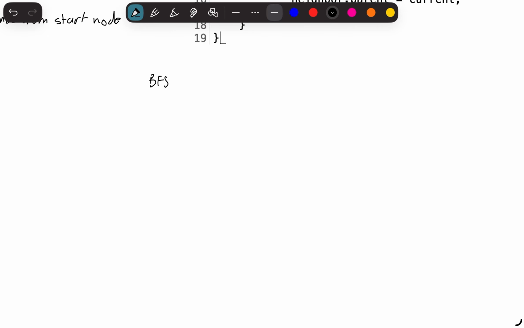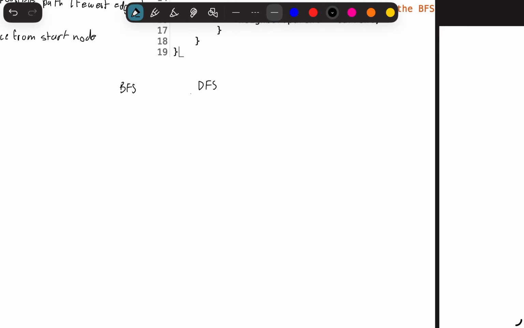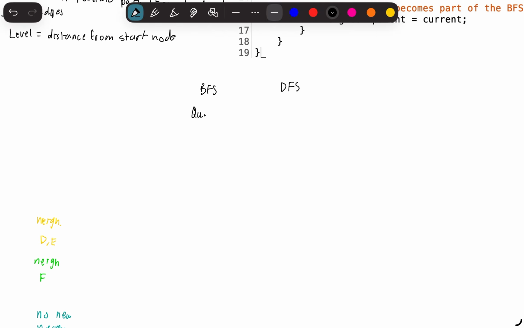You might have heard of depth first trees and BFS trees. They're different because for BFS, you're going to use a queue. It's, again, like we said, level by level. It's shortest path, that's unweighted. And it has a wide expansion.